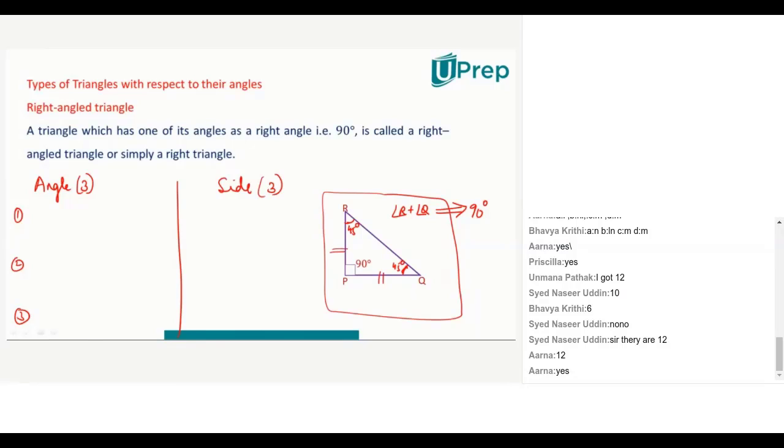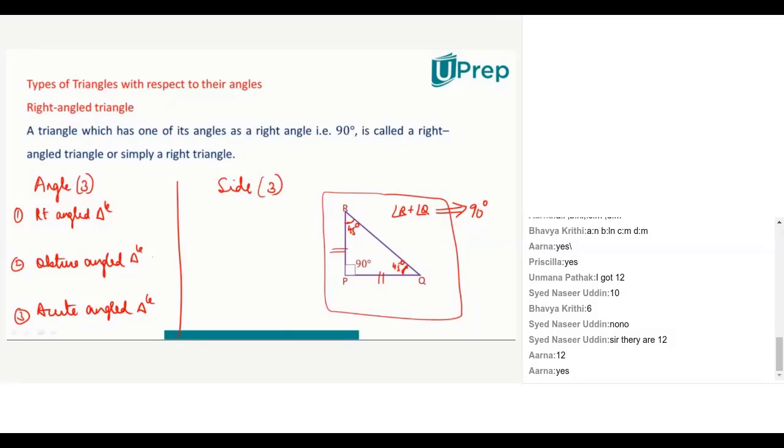Now, coming back, on the basis of angle, we have right angle triangle, we have obtuse angle, and we have acute angled triangle.